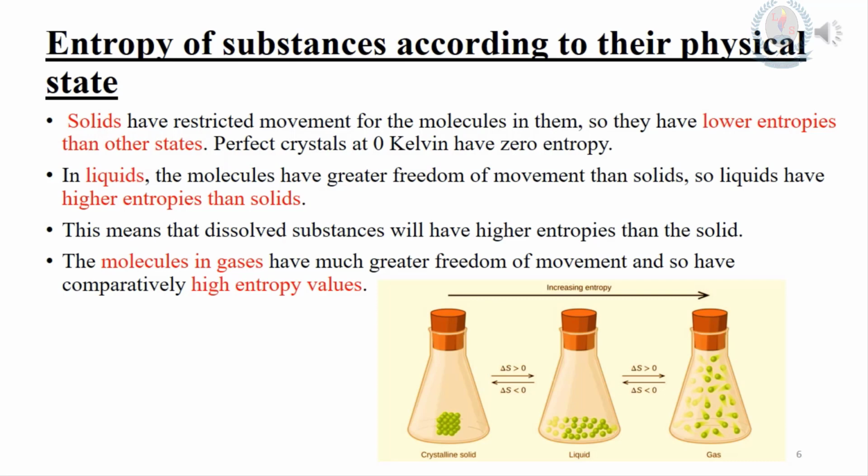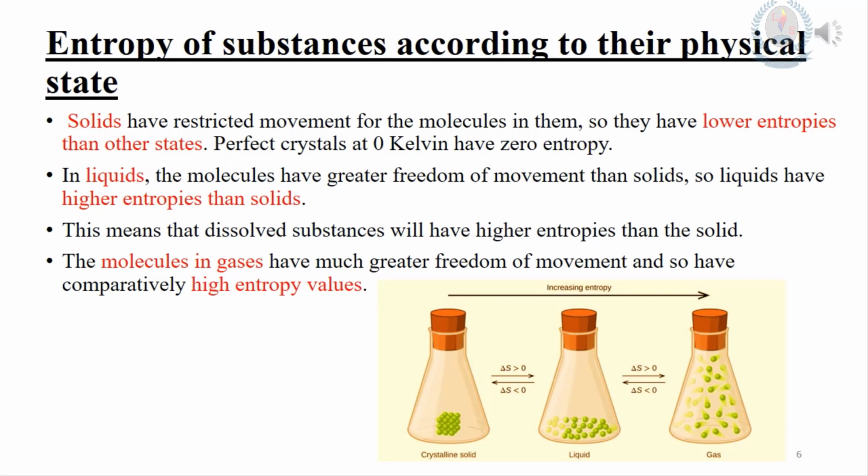So liquids have higher entropies than solids. This means dissolved substances will also have higher entropies than solids. Then if we consider gaseous molecules, they have much greater freedom of movement. Because of that, they have comparatively high entropy values.